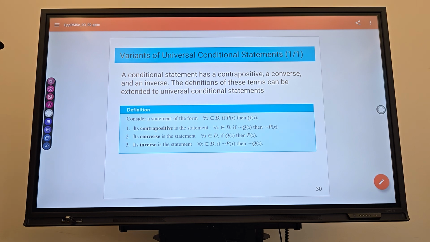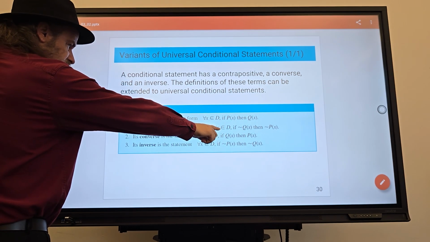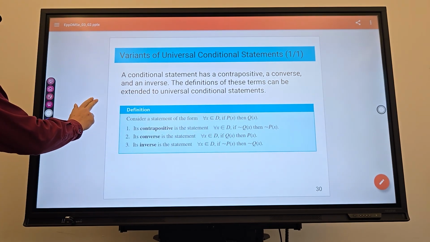The contrapositive is if not Q, then not P. The converse is the statement where you just flip the predicates: if Q, then P. And the inverse is if not P, then not Q. Much like the same forms in the conditional we saw in chapter 2. The only difference is you're adding the universal quantifier out front.